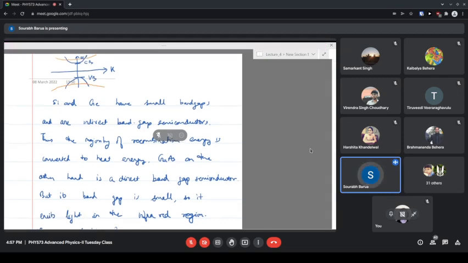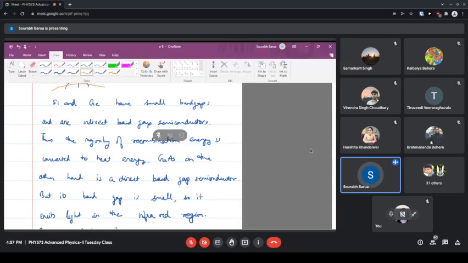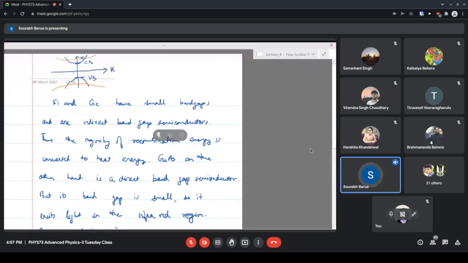But sometimes it can be possible that you have something like this, and then you have something like this. So this is the valence band and this is another conduction band which I've drawn.